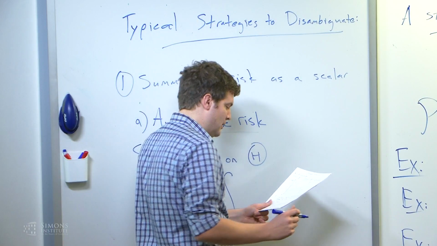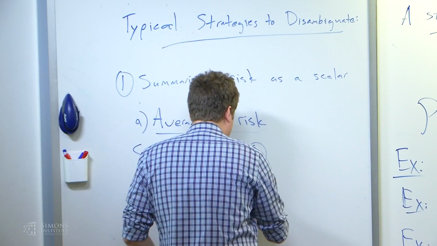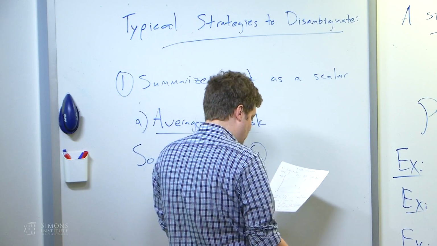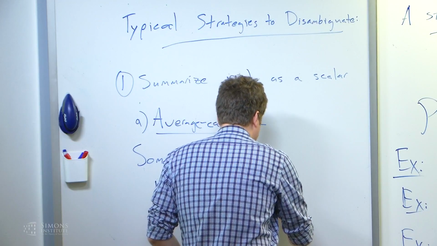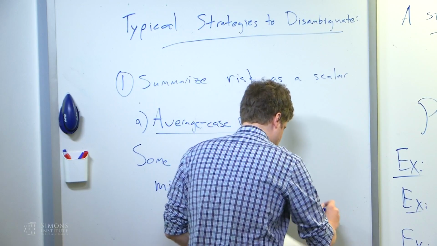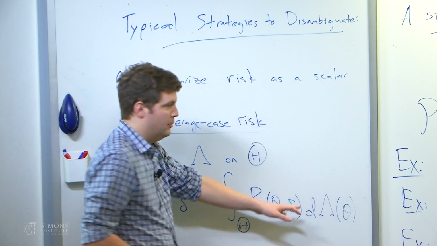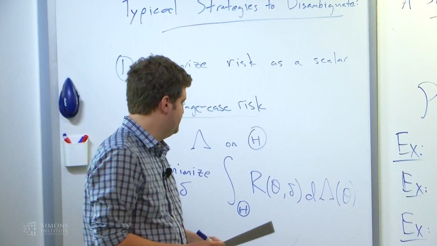We find the estimator that minimizes the integral over the parameter space, averaging with respect to that distribution.